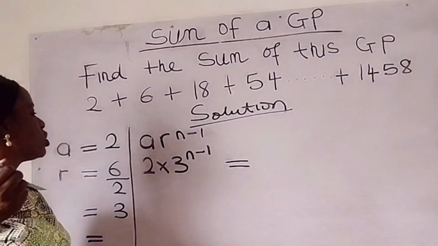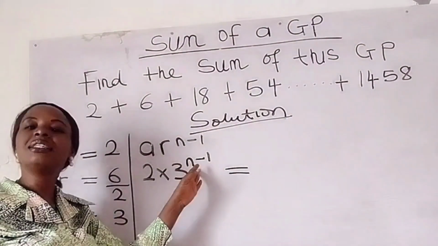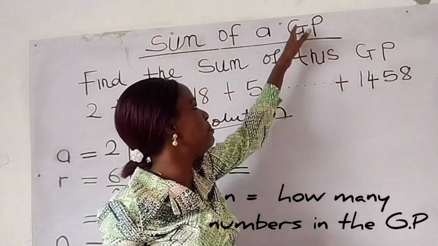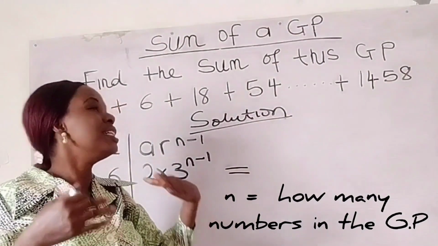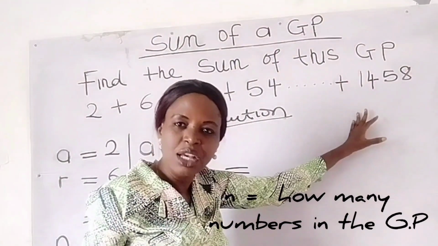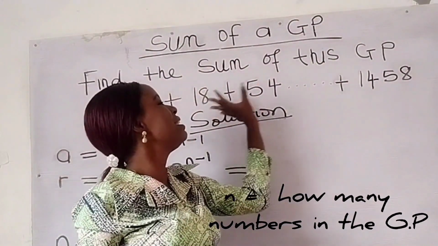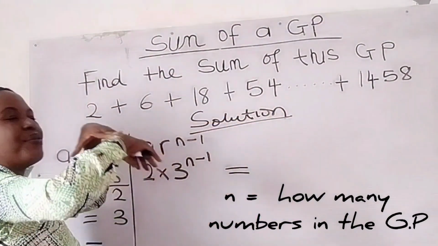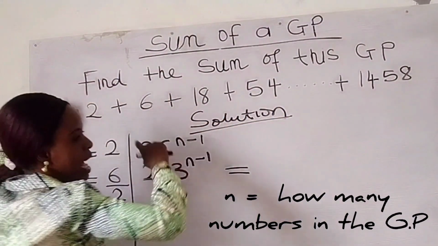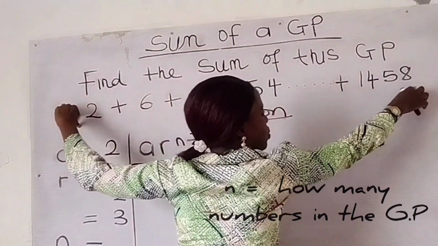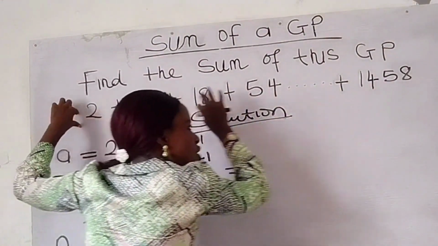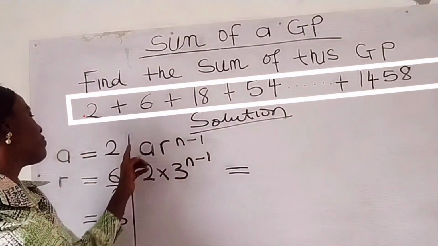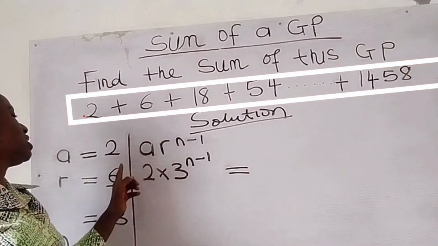what? We want to obtain n, and n represents the number of terms in this GP, which is how many numbers this GP contains. So to obtain the number of terms, we are going to use the value of the first term and the value of the last term, so that we can cover the whole GP. We have used the value of the first term, which is 2.